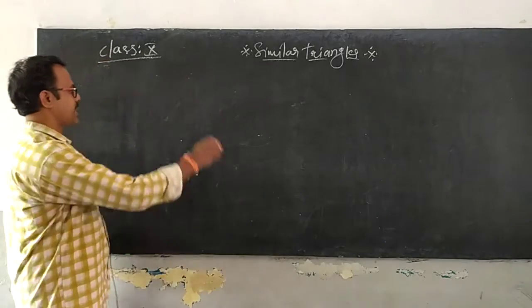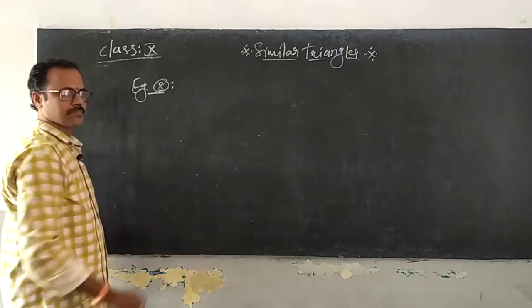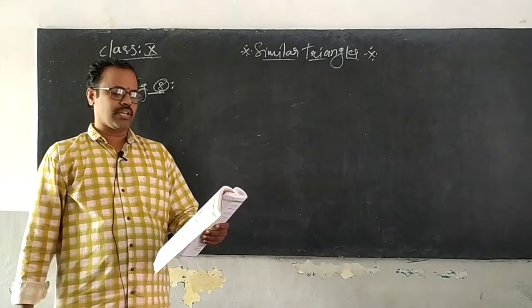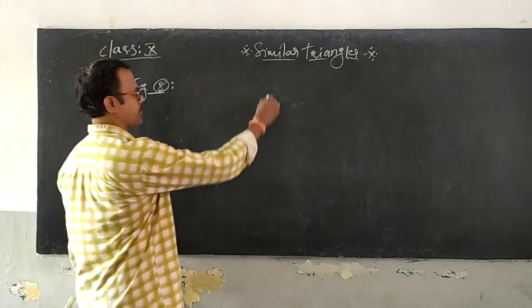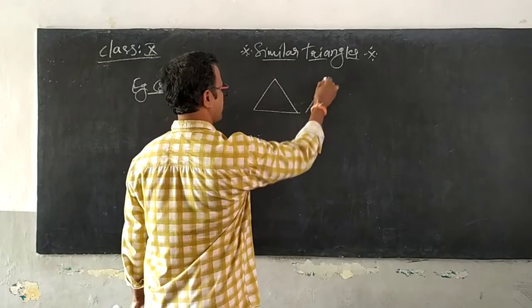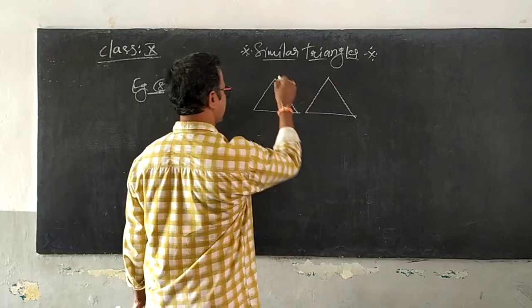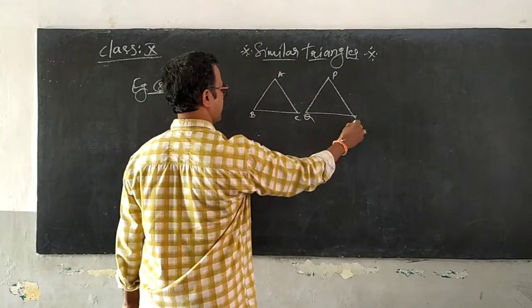Okay, what is example 8 given to us? Prove that if areas of two similar triangles are equal. So that means let us take two similar triangles. Let them be ABC and PQR.